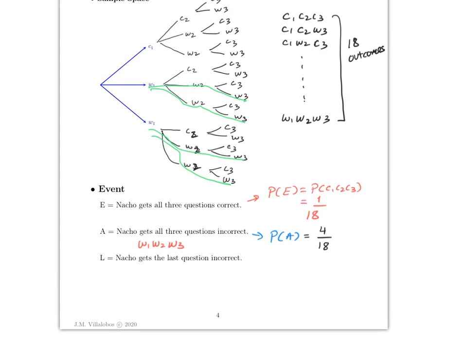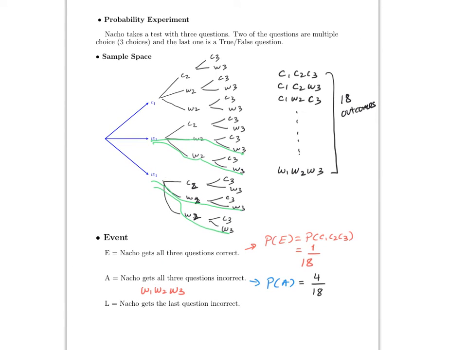Alright, finally, what's the probability that Nacho will get the last question incorrect? Well, the last question incorrect will be all the ones with W3. So you have 1, 2, 3, 4, 5, 6, 7, 8, and 9.